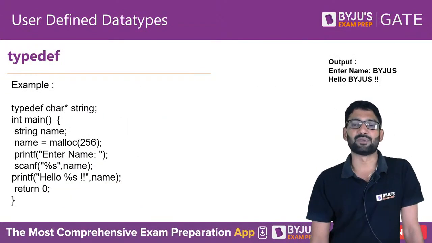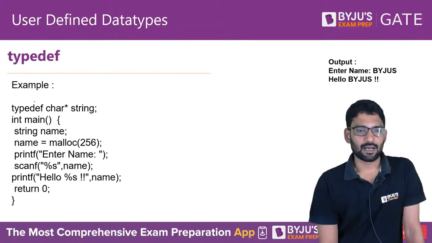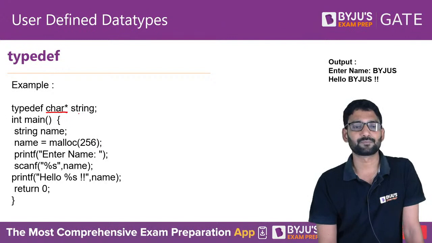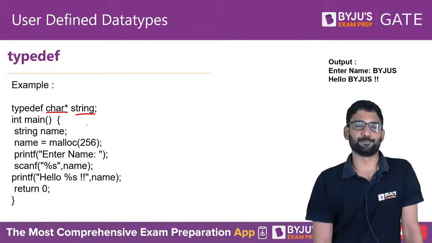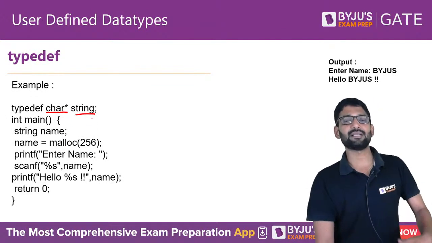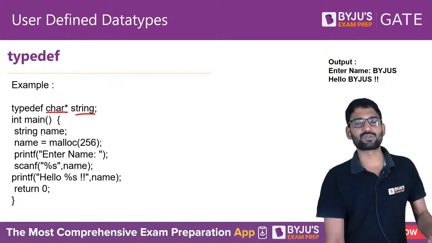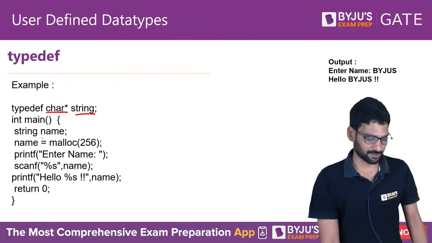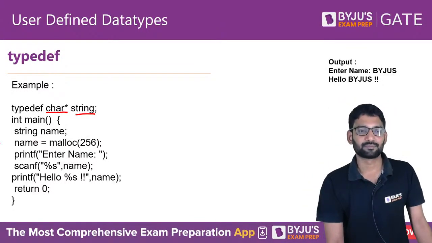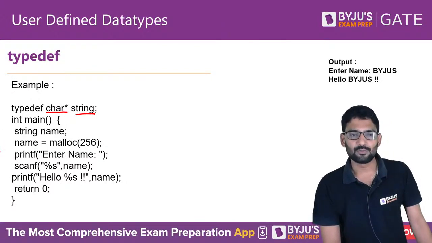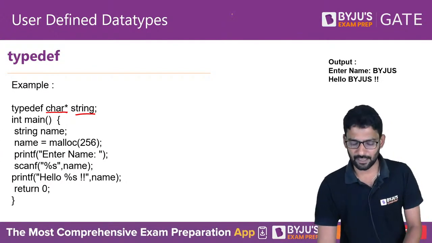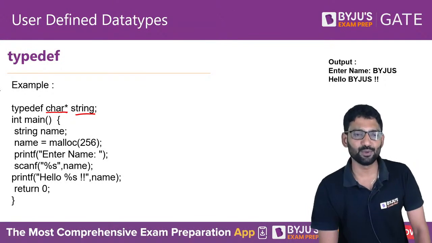See this example. I am defining this char pointer as string. So string is the new name I have given. From that moment onwards, I can use this new name for creating variables.